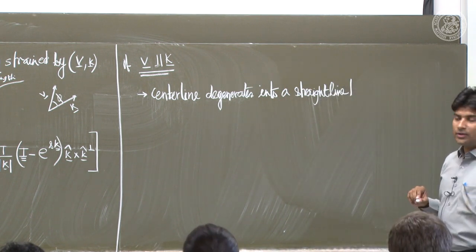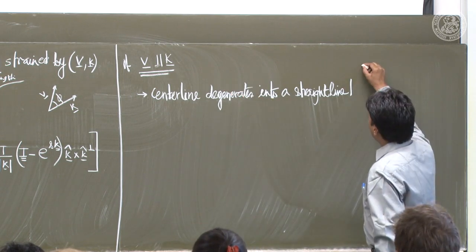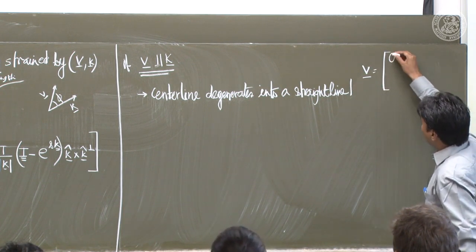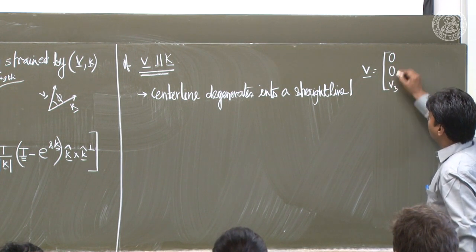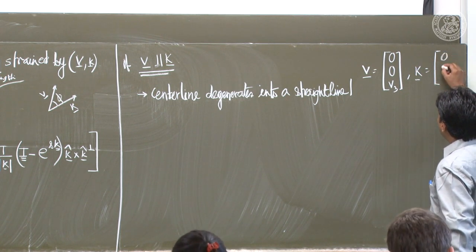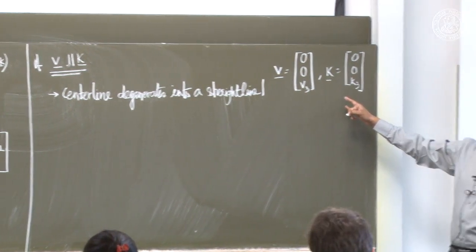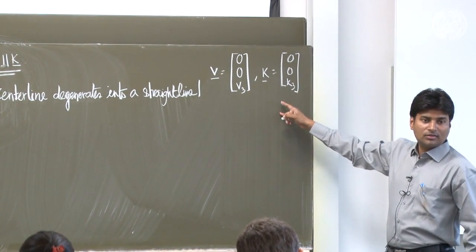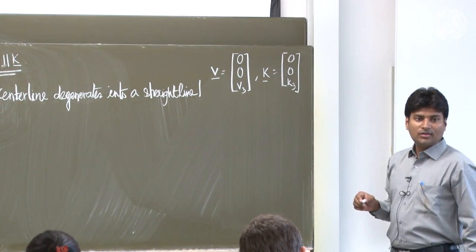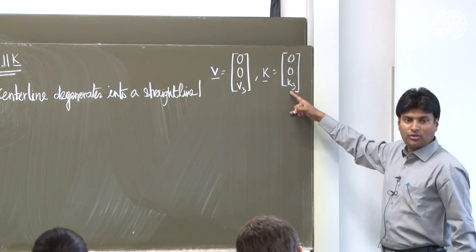And can you think of some of the simplest situations where v and k are parallel? So if v is equal to 0, 0, v3 and k is equal to 0, 0, k3. So you can see this is the situation where v and k are parallel, right? And what does this correspond to? So it has got only stretching, no shear, and here you got only twist.